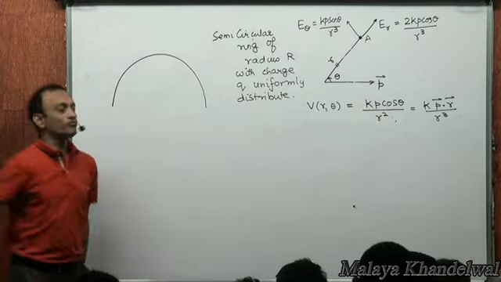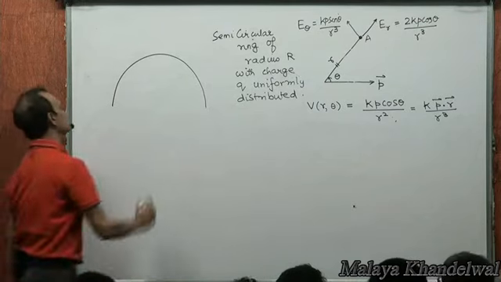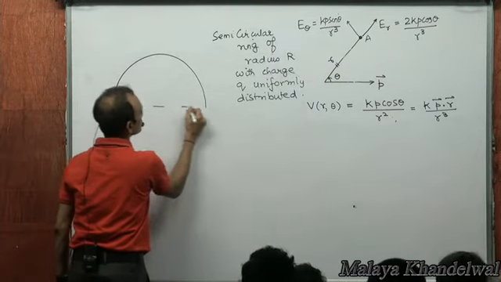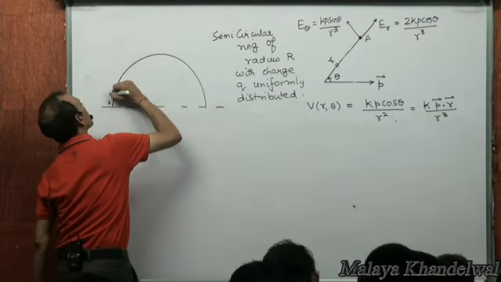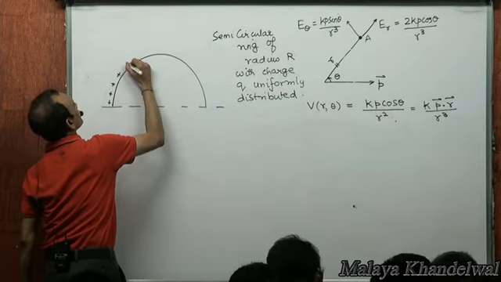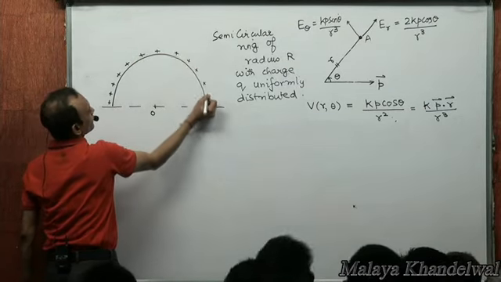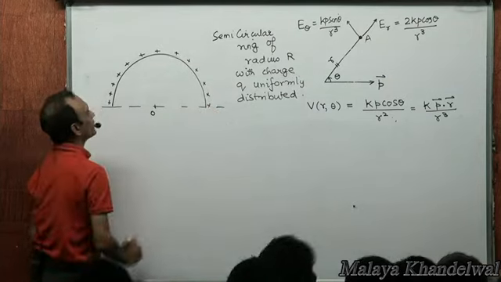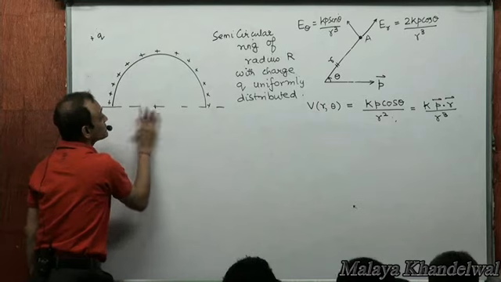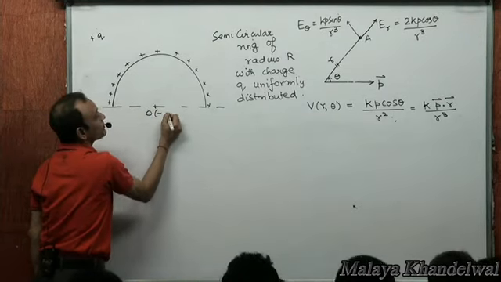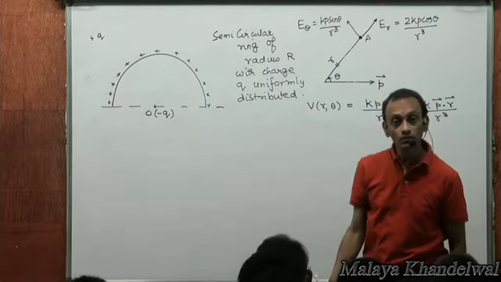Okay? There is plus q on this ring, and there is a minus q kept at the center O.